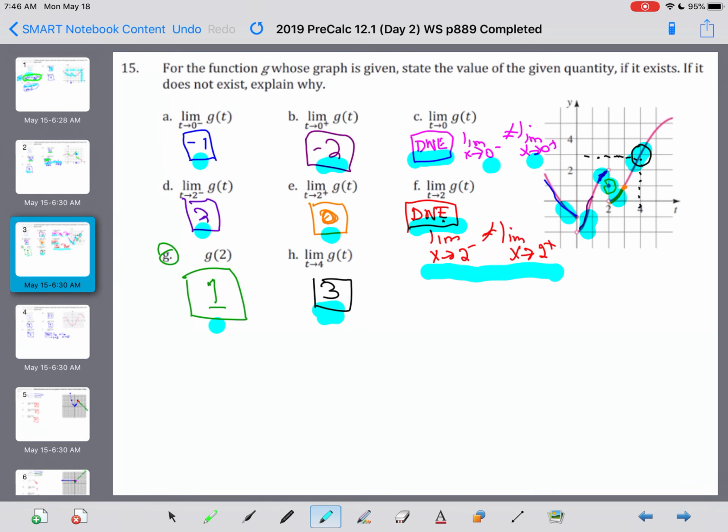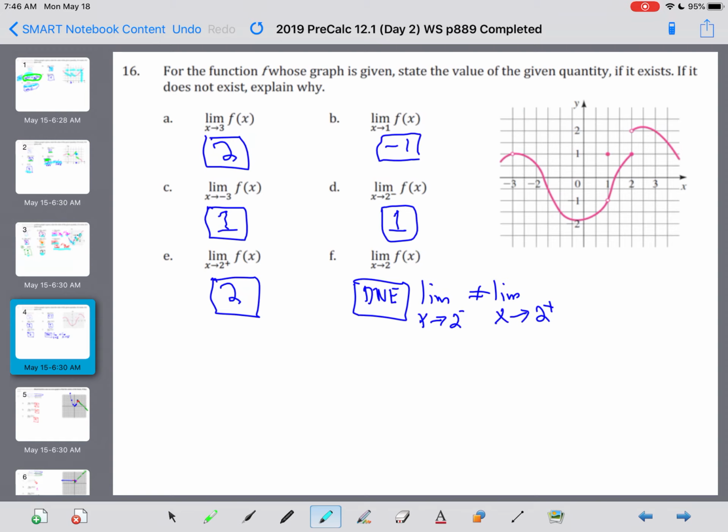Okay, moving on. Similarly here, the limit of f of x as x approaches 3 is, where's 3? That's right out here. So that would be 2.